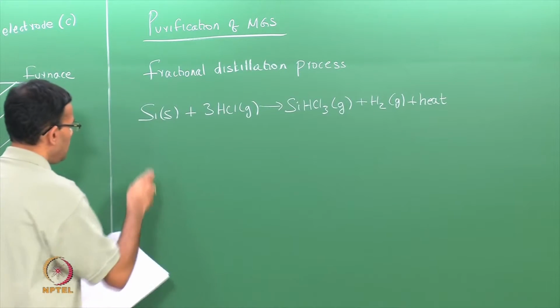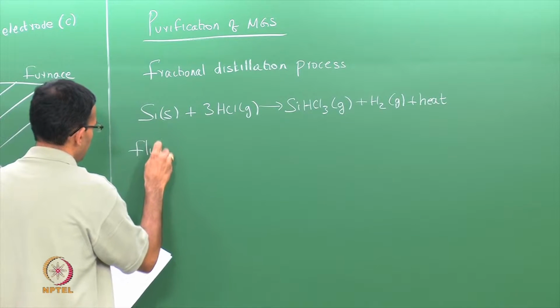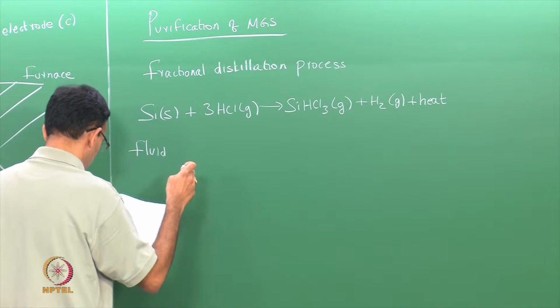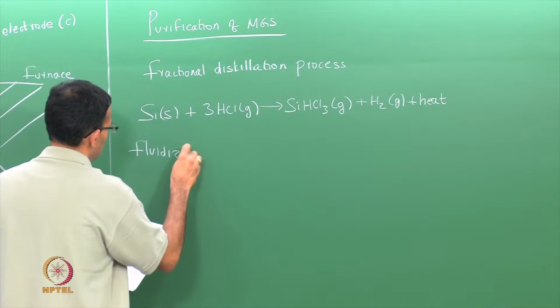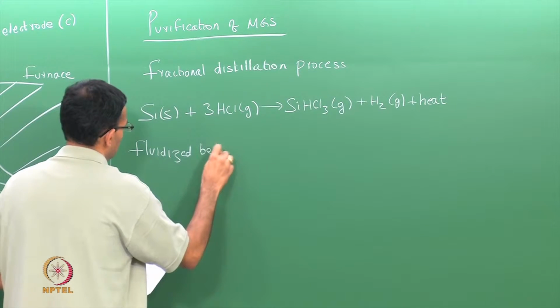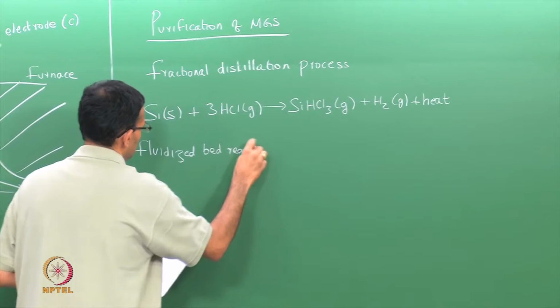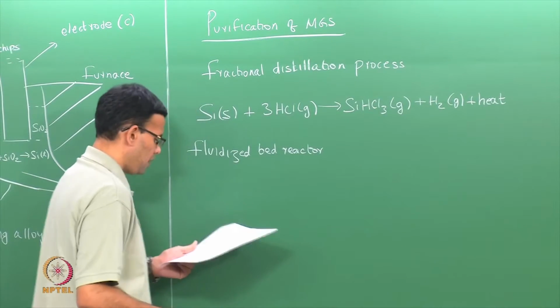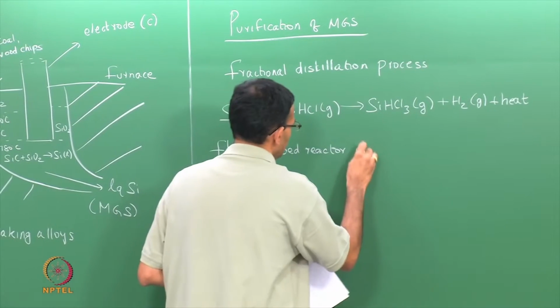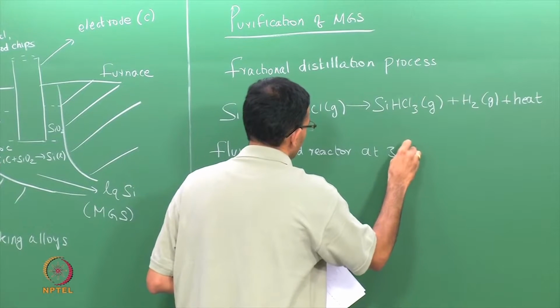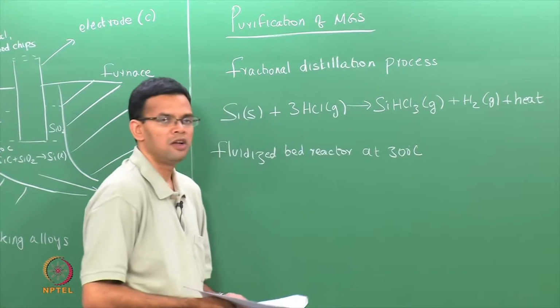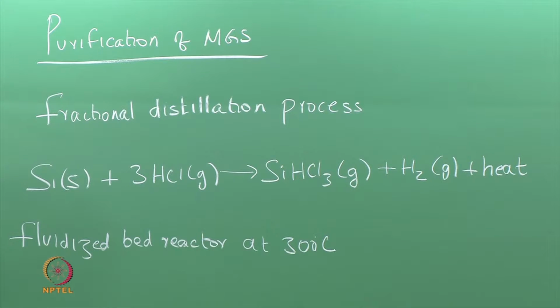The reaction is done in a fluidized bed reactor. Typically at 300 degrees centigrade or above, so that your trichlorosilane SiHCl3 is in the gas form.